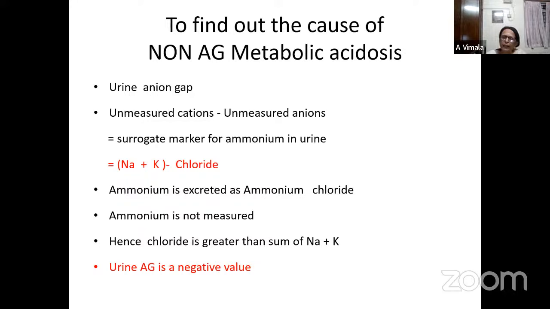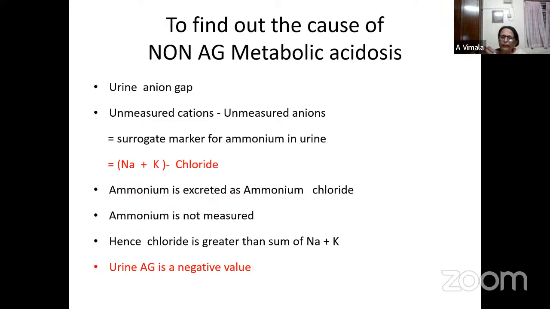We also said the principle of electroneutrality has to be maintained. So there is no real gap. It is only because we are not measuring one cation or one anion that you get a gap. Here, the important cation you are not measuring is ammonium. Ammonium is excreted as ammonium chloride, sodium as sodium chloride, potassium as potassium chloride.